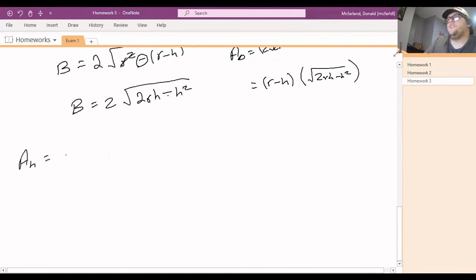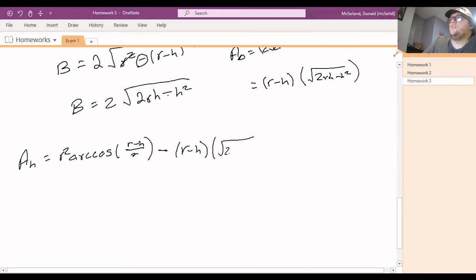So it'll be the area of the section, so r squared times arc cosine of r minus h over r, minus the area below the water, the triangle, which we found right here. So r minus h times the square root of 2rh minus h squared.